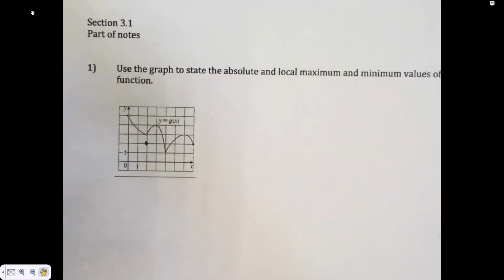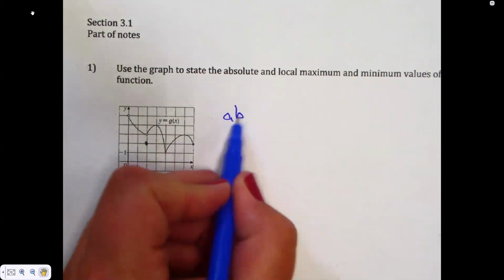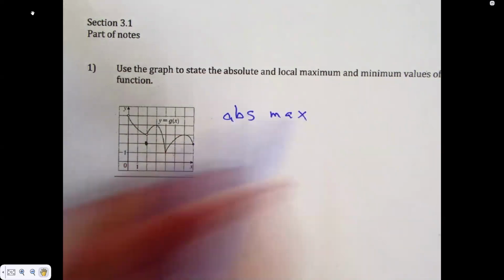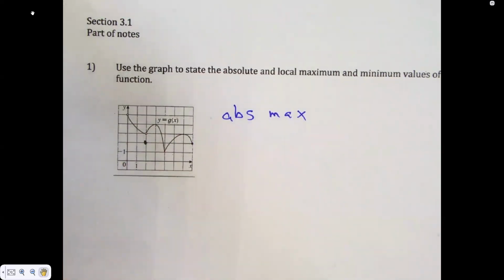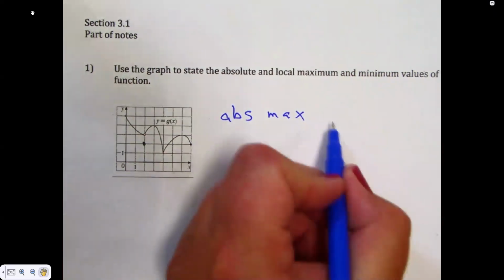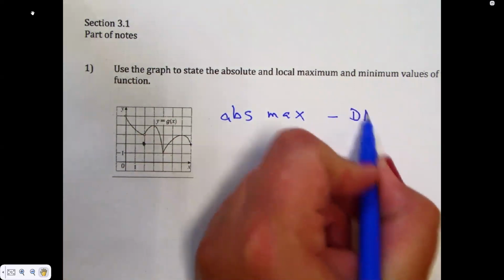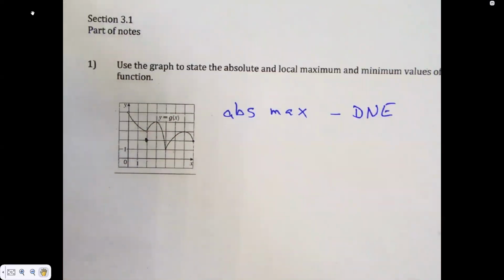All right, so where is an absolute max? This is actually probably the hardest one. There is none. Why would there not be an absolute max? Beautiful.